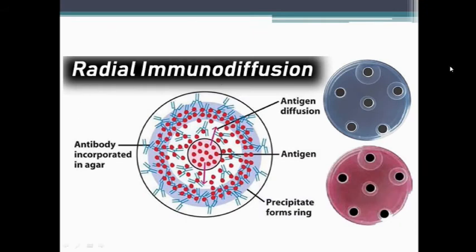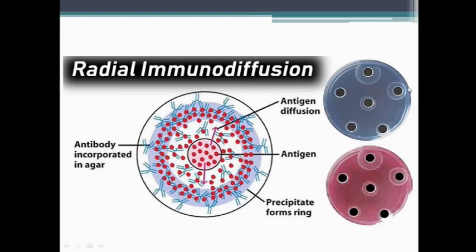Suppose this is the Petri dish. In the Petri dish we pour agar gel. In the agar gel there are antibodies, and after that it is solidified. Some wells are formed by punching.